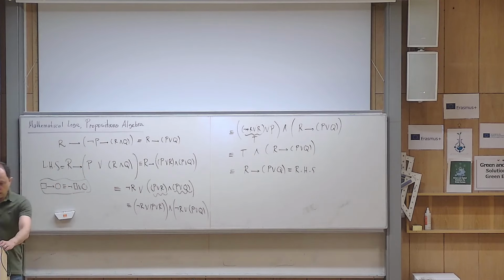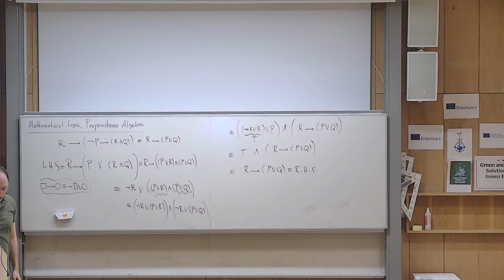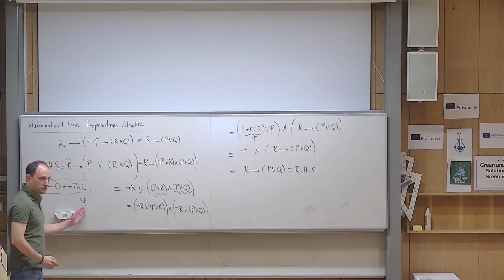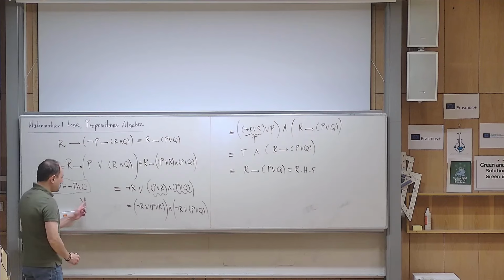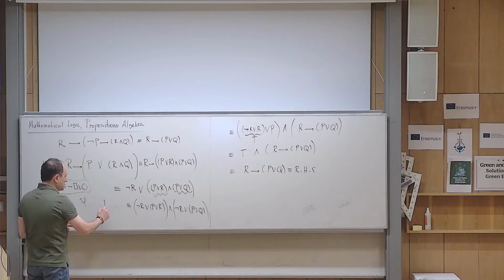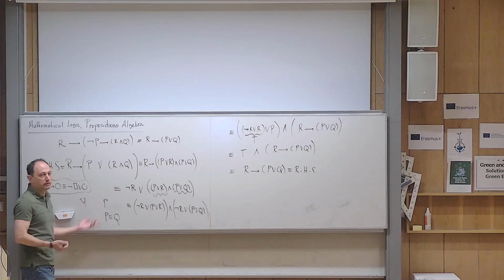So the next thing is substitution. And substitution, we already actually use without mentioning it. So if you have a propositional sentence, and one of the components is P, and you know that P is equivalent to Q, you can go there and replace every appearance of P with its equivalent.